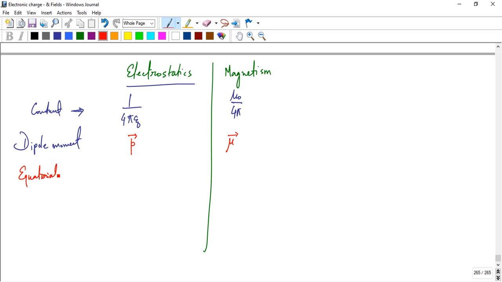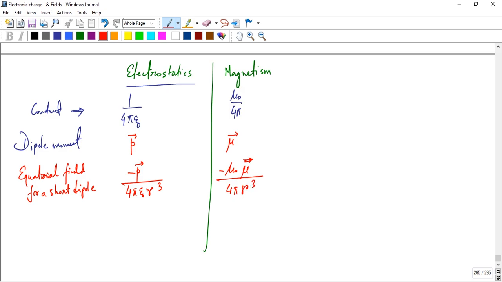In electrostatics that is minus p by 4 pi epsilon naught r cube. But here it is mu 0, obviously with a minus, mu by 4 pi r cube.